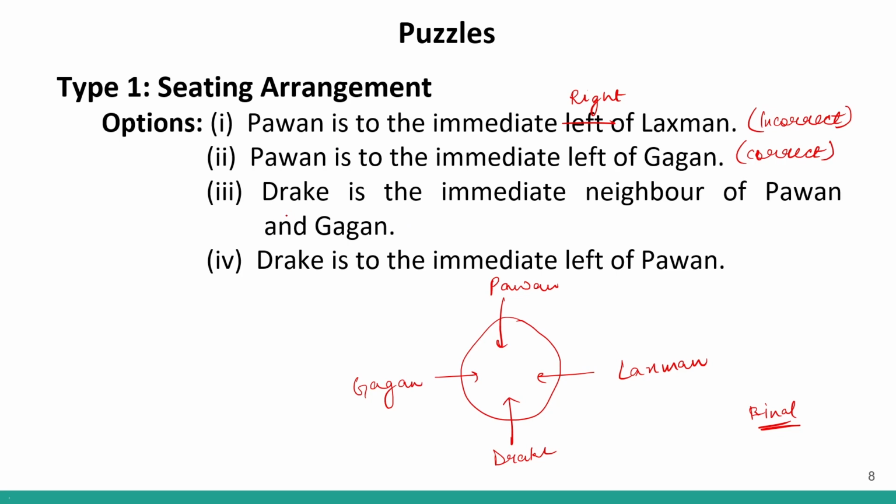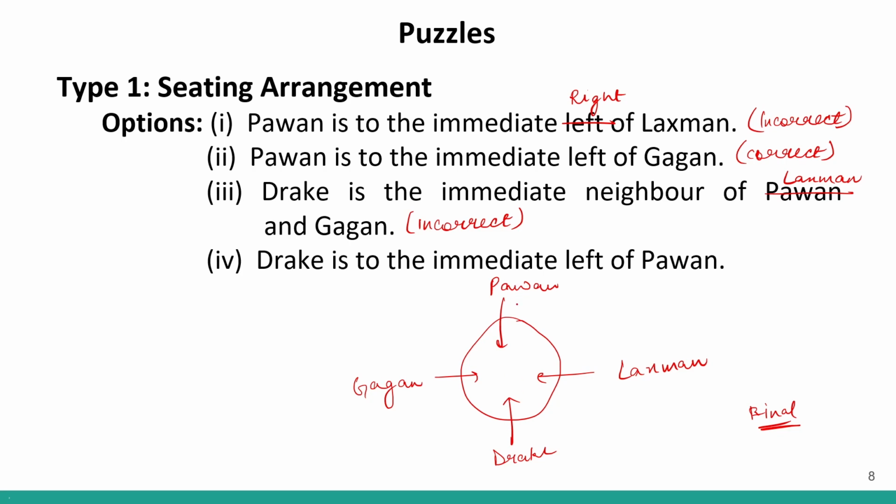Moving on to the third option. Drake is the immediate neighbor of Pavan and Gagan. No, Drake is the immediate neighbor of Gagan and Lakshman, not Pavan. So this is also an incorrect statement. Right? Now, statement 4 says Drake is to the immediate left of Pavan.